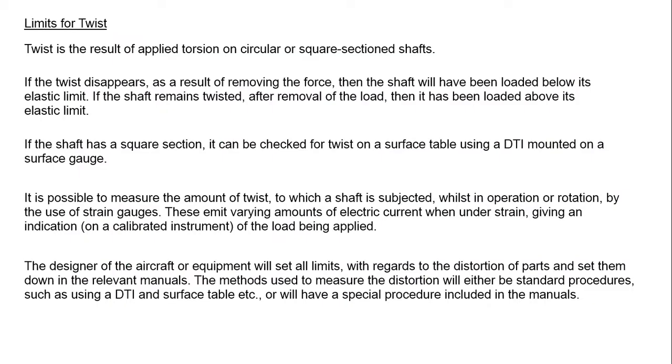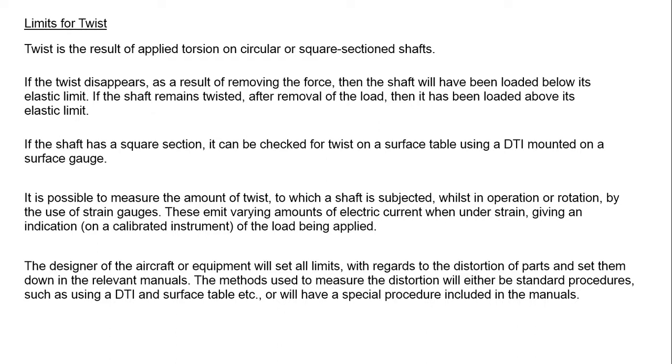On limit of twist. It's the last topic which we are covering. There are four things under the condition of testing: one was limit of wear, then limit of ovality, limit of bow, and limit of twist. Right. So what is twist? Suppose something is rotating, so one force will act clockwise and the second counterclockwise, right?